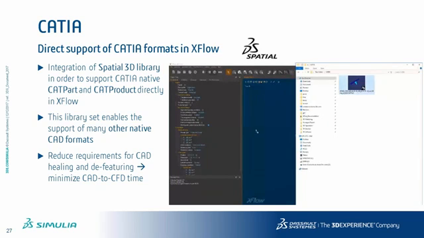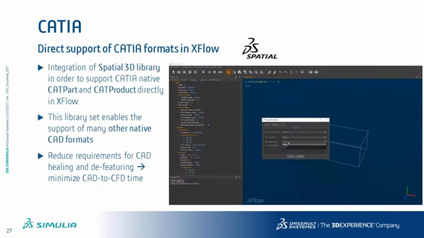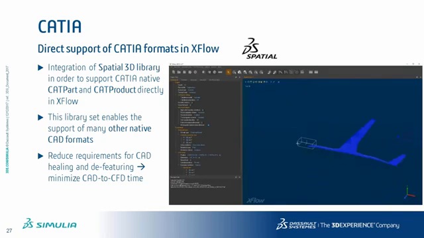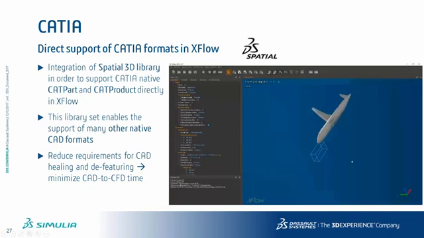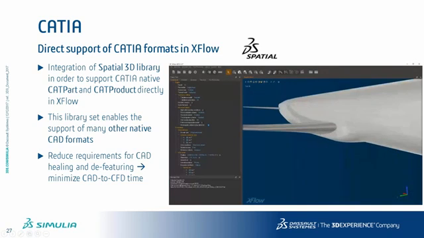As you can see, XFlow is able to read that file, and then you can choose the quality of your surface and edges, and then you create the geometry in XFlow. That is really useful, because now you don't have to export your geometry from Catia to a different format in order to import it in XFlow, but you can do that directly. So that's really reducing the CAD to CFD time to a minimum.